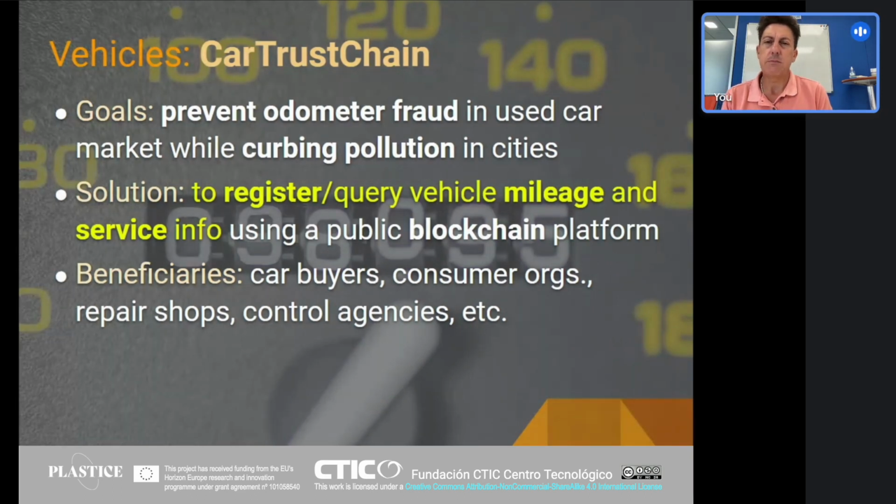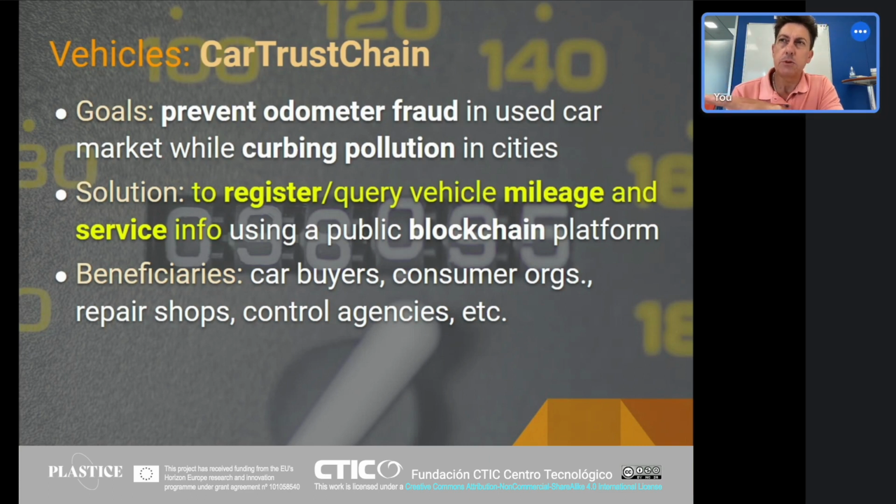So to prevent this fraud, one solution is to register the car from the very beginning of its life in a tamper-proof storage solution, a registry on a public blockchain platform.